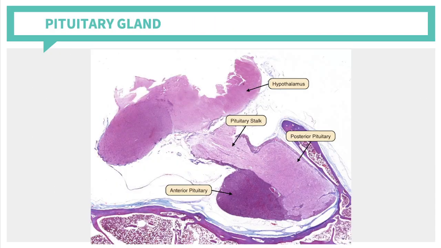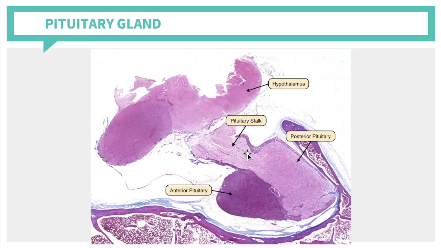Okay? So, let's review. This is the overview of your entire pituitary gland. So remember, this is your pituitary gland, this is your pituitary stalk, and this is your hypothalamus. I hope you can see the greater picture.